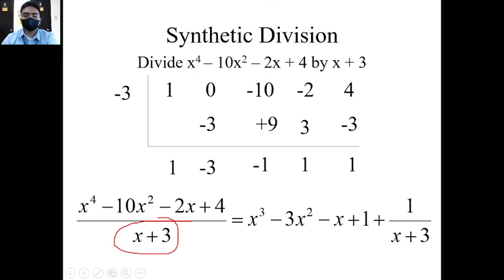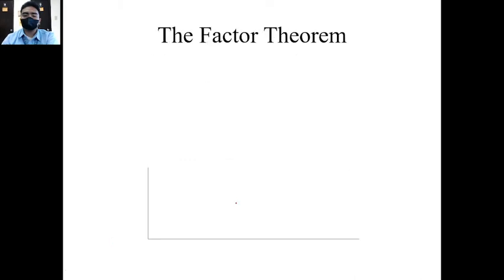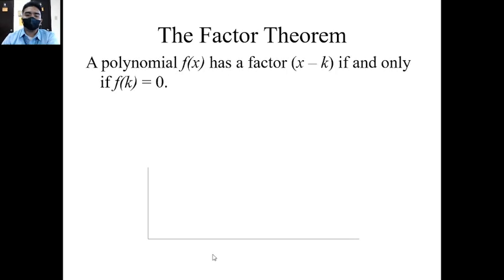So let's have the factor theorem. If we say factor theorem, this is the definition: a polynomial f of x has a factor of x minus k if and only if f of k is equal to 0.